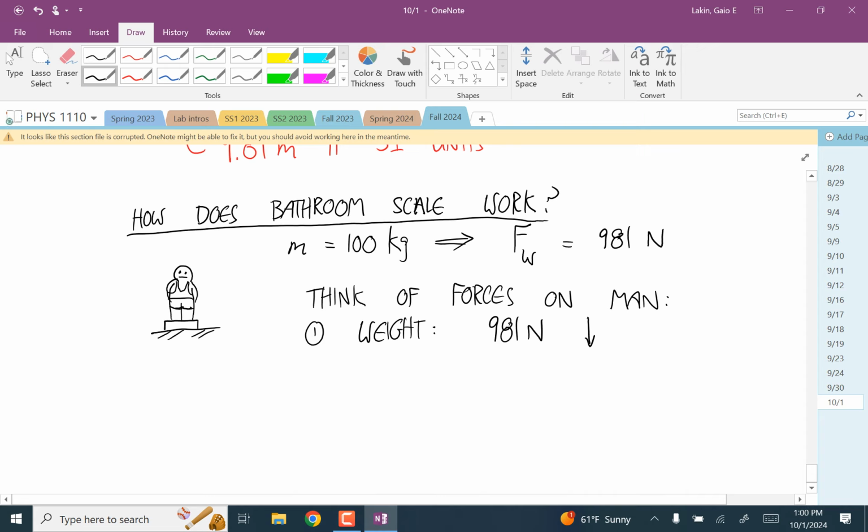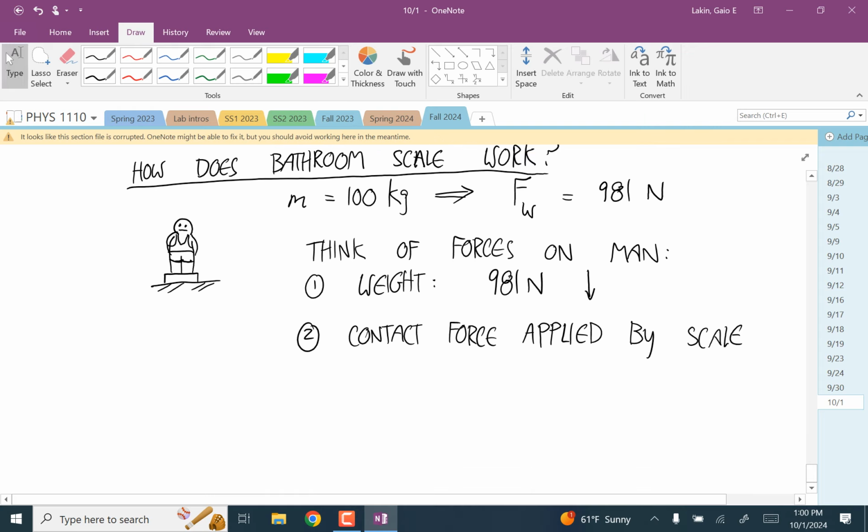And the second one is a contact force from the scale. A contact force applied by the scale. And I'm going to call that Fs. And we'll just treat that as an unknown vector.